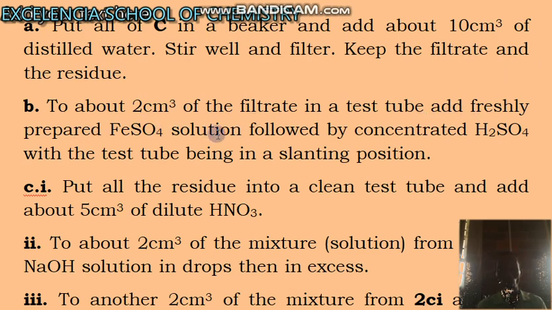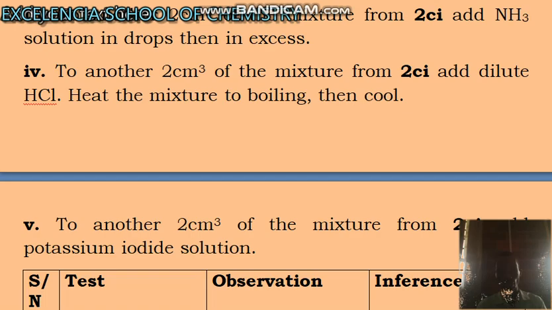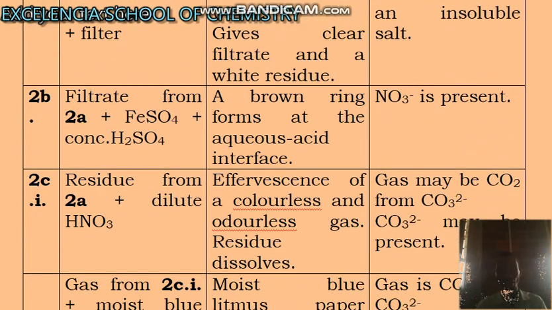This is the brown ring test, of course, and there will be a brown ring observed at the acid-aqueous interface, and that confirms that NO3⁻ is present. Now this question is going by the reagents specified by the exam body. We might overlook it, but all the same you have to prepare for every eventuality.